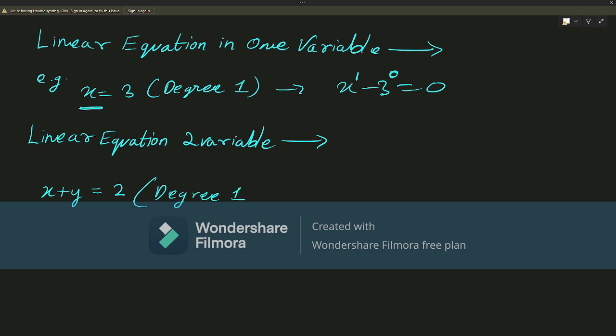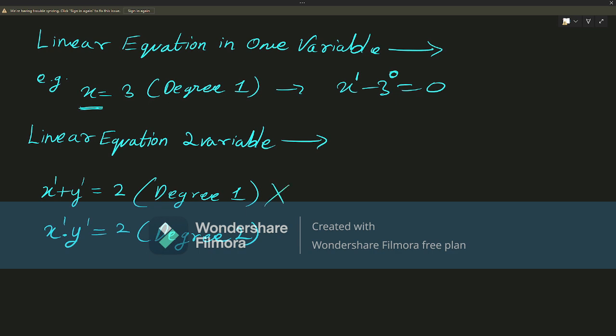The degree is 1. Yes, there are 1 and 1 degree for these two, and you might think that we need to add them. No, if the variables are in addition, then you are not going to add the powers. Now, if they were in multiplication, then as you know, the powers will be added, so the degree would be 2.